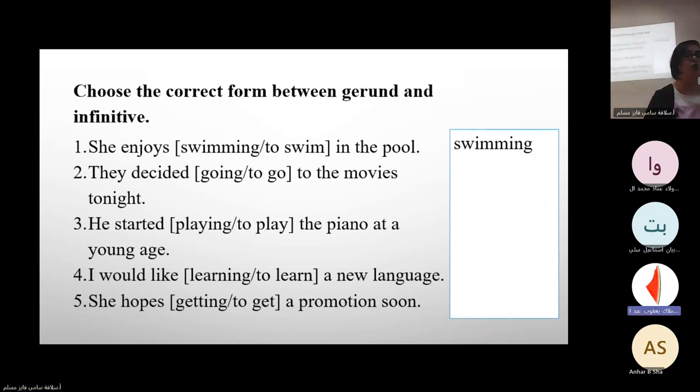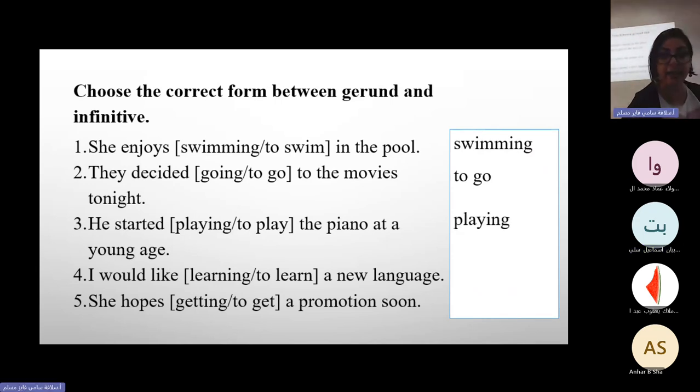He started playing or to play the piano at a young age? Playing. I would like learning or to learn a new language? To learn. She hopes getting or to get a promotion soon? To get.